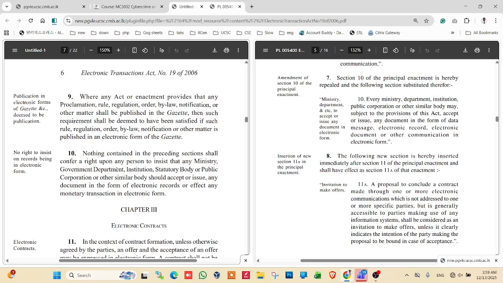So that technically gives the power to every ministry and department to actually accept electronic documents. Now read the repealed one and see what's the difference. And you tell me why it was changed as well.